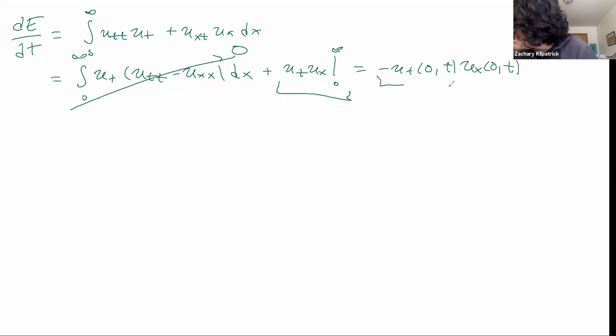And so this immediately tells you that if both of these things are non-zero, which they are in this case, then you're always going to be flowing energy into the string. So yes, your intuition is right. As long as both of these elements in the boundary term are non-zero, then I'm going to have, well, not necessarily unbounded energy, but I'm going to have non-conserved energy.